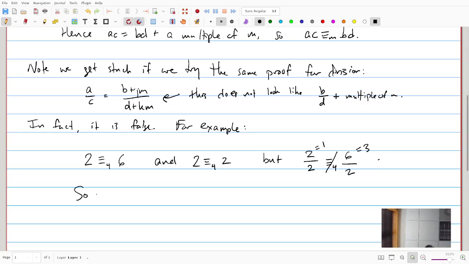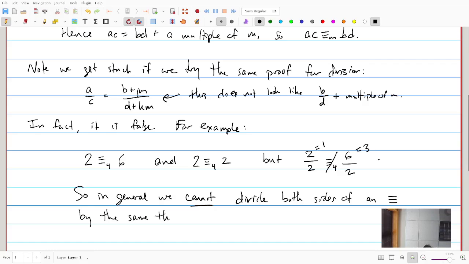Okay, so in general, we cannot divide both sides of a modular equivalence by the same thing. Does that make sense?